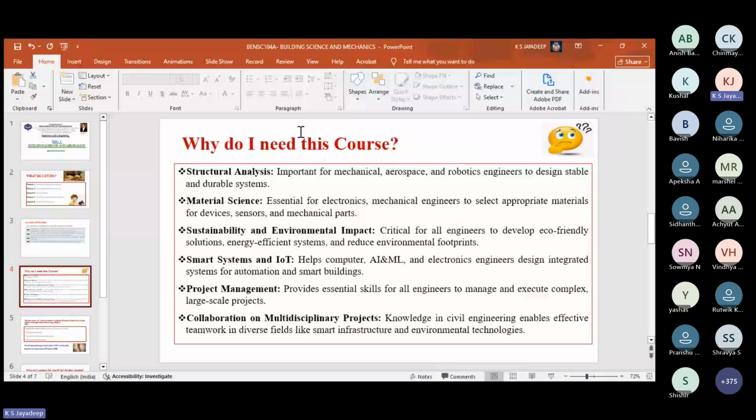So there comes the part of the electronics engineer and the mechanical engineer, where selecting a suitable sensor or mechanical part is a matter of material science. Then it's about sustainability and environmental impact, which is a critical issue for all engineers: to develop an eco-friendly, energy efficient system, to reduce the environmental footprint and make the environment a sustainable one. So in that way, it is the role of all the engineers.